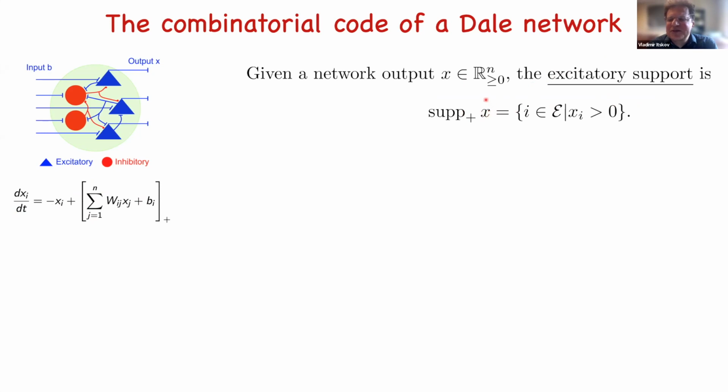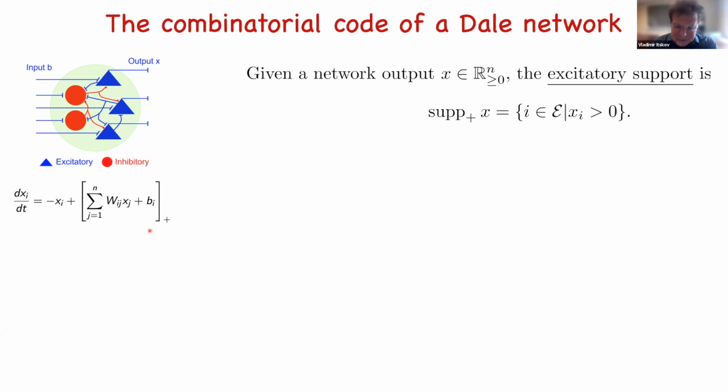We literally look at the vector of neurons and look only at excitatory neurons, not inhibitory. So look at each excitatory neuron and check if it is active or not, that is, if the firing rate is positive or zero, and record the subset of neurons that is active at any particular time.